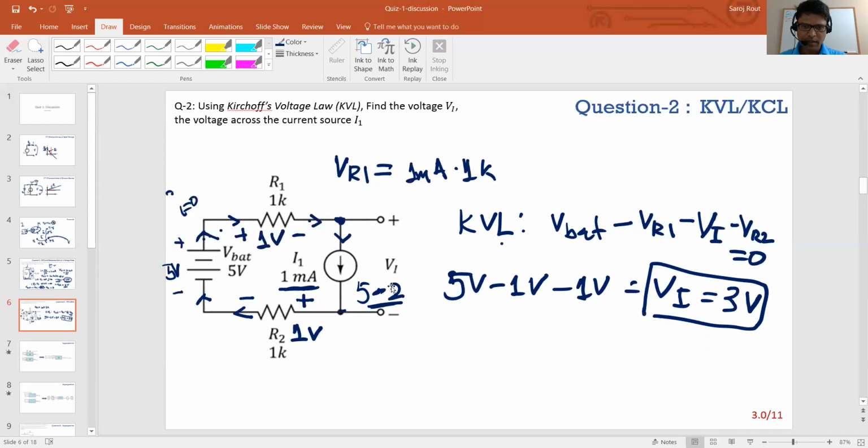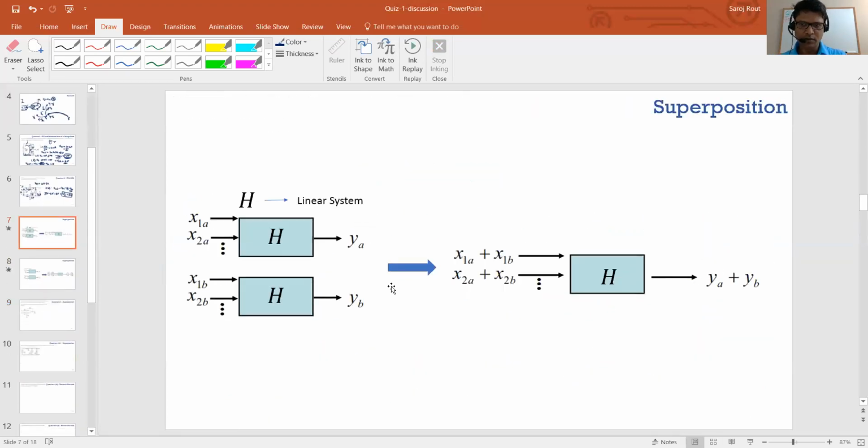Okay, so before I go to the next question, just a quick introduction on superposition. Superposition is really an extension or corollary of a linear system.